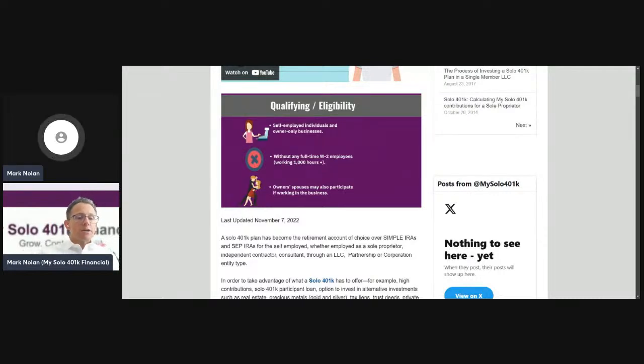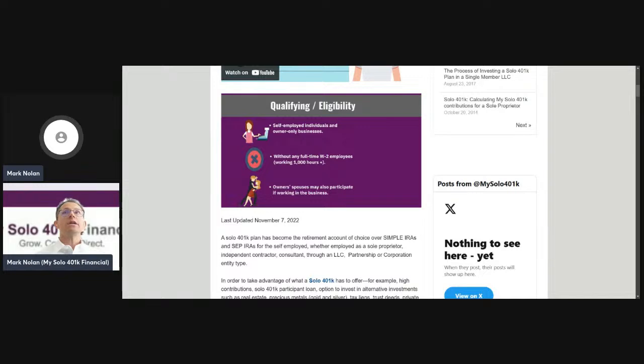You as the contractor would sponsor the solo 401k, and you would be the only participant in the plan. Let's say it's an S corporation or an LLC taxed as an S corporation. You would have to be an owner in the business as well as an employee in the business.